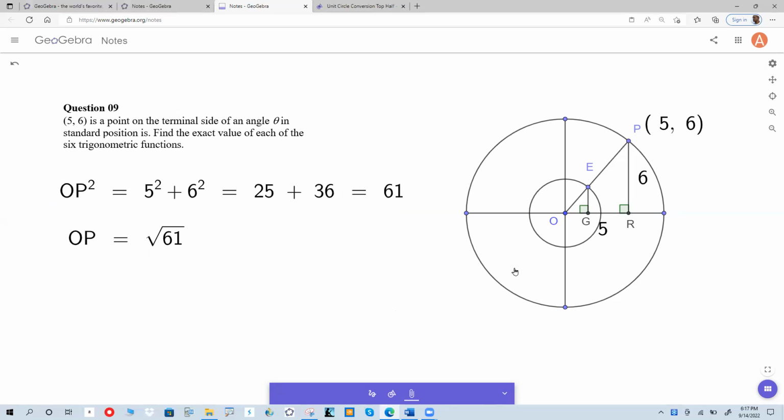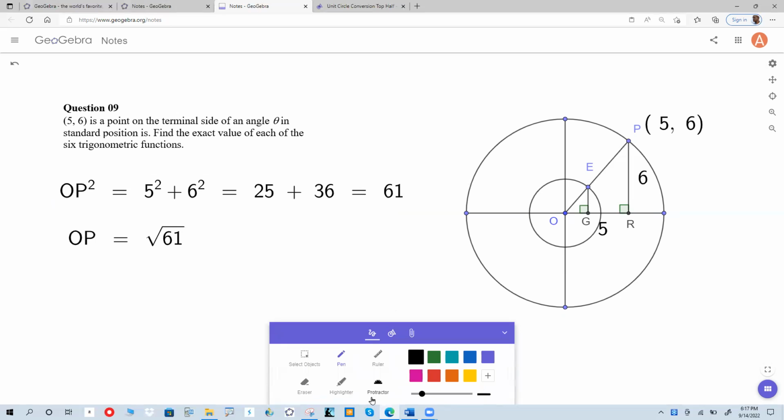I want the coordinates of point E, this point. Why? Let's say the smallest circle here is the unit circle. So in order to find OE, I'm going to divide everything by the square root of 61. Why would I do that?